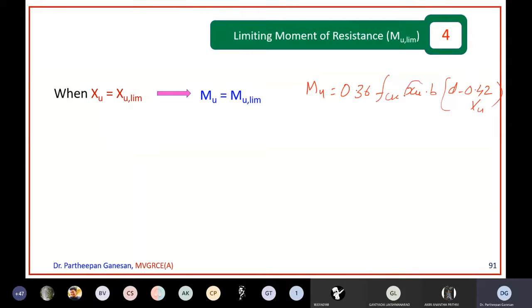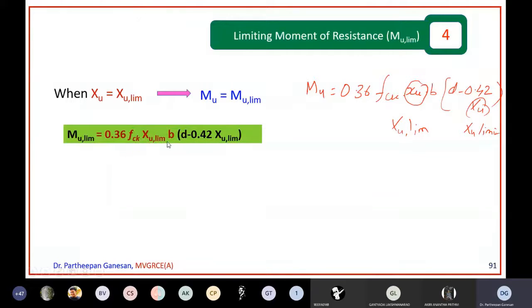In this equation, you replace Xu by Xu limit. Here also replace Xu by Xu limit. Then you will get this equation, 0.36 FCK Xu limit B into D minus 0.42 Xu limit.